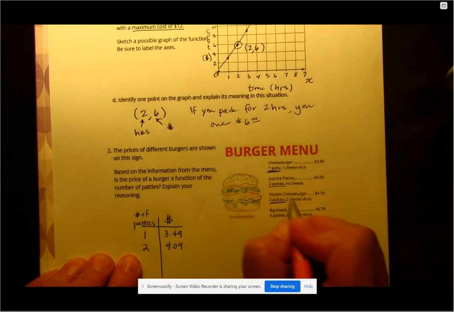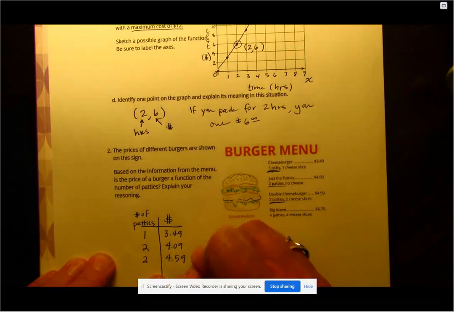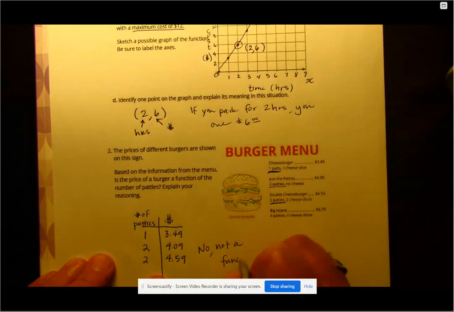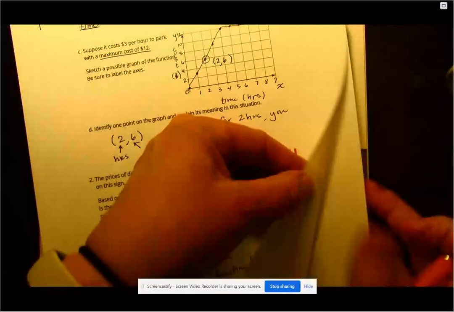Okay, this one also has 2 patties, but the price is $4.59. So therefore, this 2 has 2 different outputs, so no, not a function. All right, pretty easy.